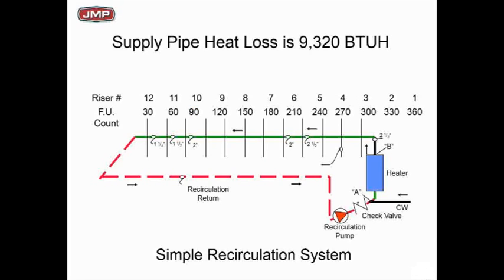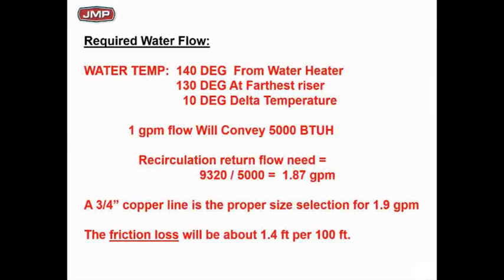In other words, between water heater B all the way out to riser number 12, all that green pipe, we have a supply heat loss of 9,320 BTUs that we need to offset to keep that water hot so we don't waste it when you turn on the shower at riser number 12. And that's a 2.5-inch pipe we started off with. That's a pretty decent sized system.